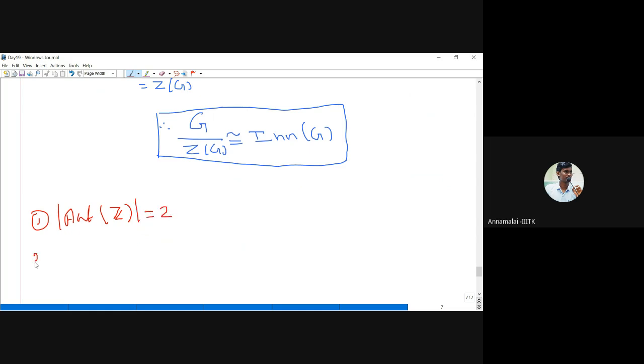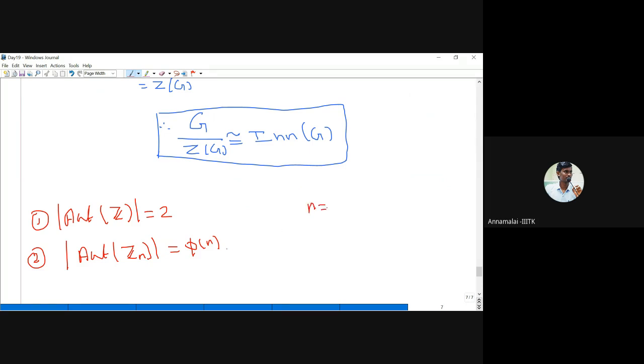The second is the cardinality of the automorphism group of Zn, which is phi of n, the Euler phi function. The number of automorphisms on Zn, that is the set of all isomorphisms from Zn to Zn, how many functions can we define? Phi of n. Phi of n, we already know the formula.